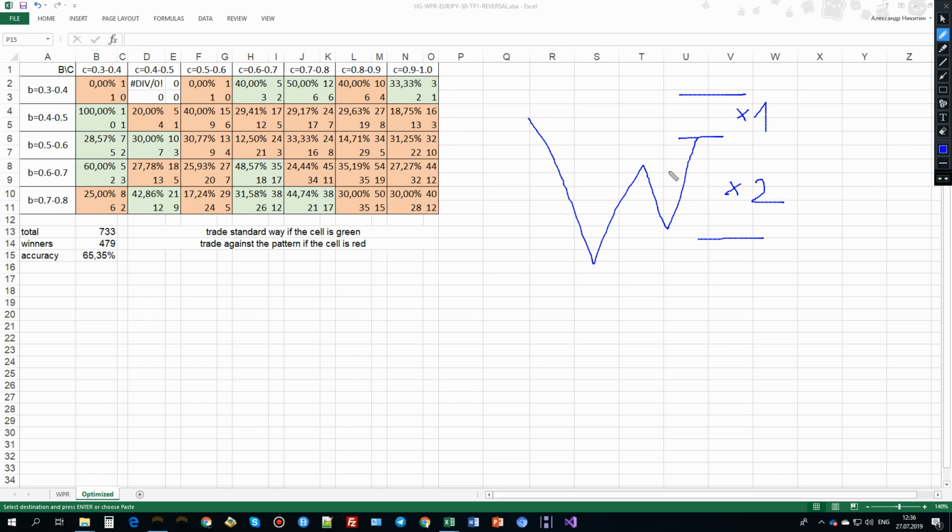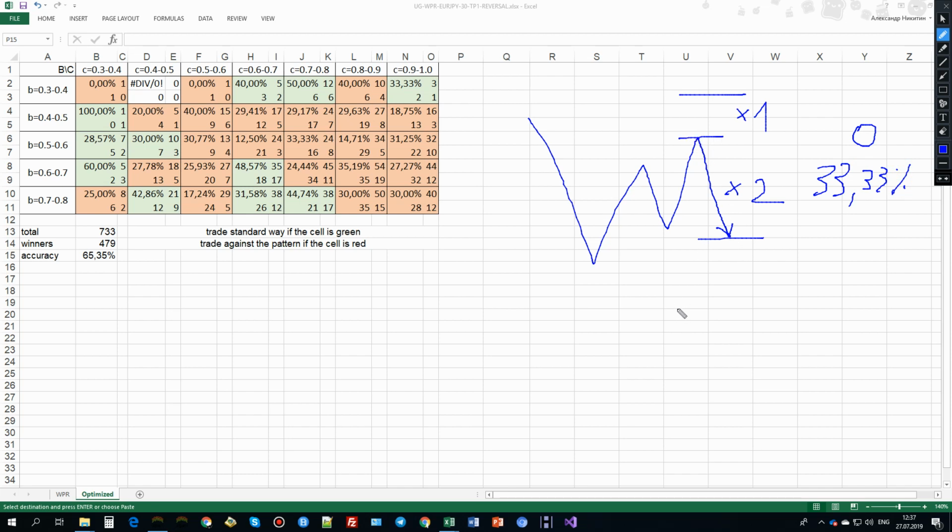Okay, so in this situation, if you aim at your target to have a zero-sum game, you should at least have the 33% probability. It means one third of your trades should be winners.